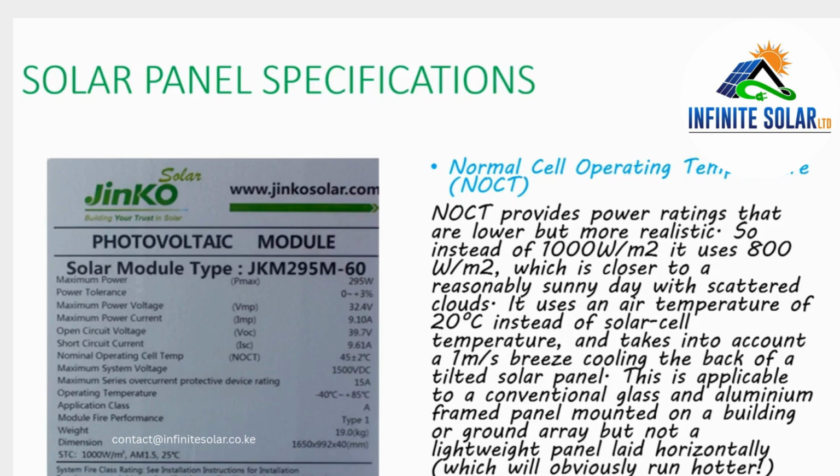It uses an air temperature of 20 degrees centigrade instead of a solar cell temperature of 25, and it takes into account a breeze of about 1 meter per second that cools the back of a tilted solar panel.